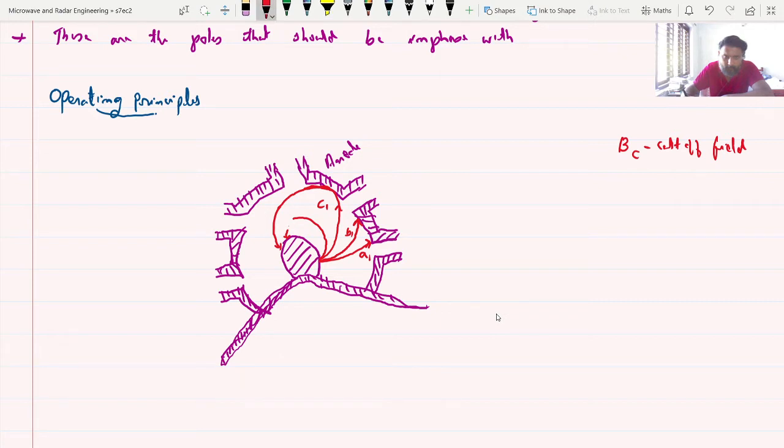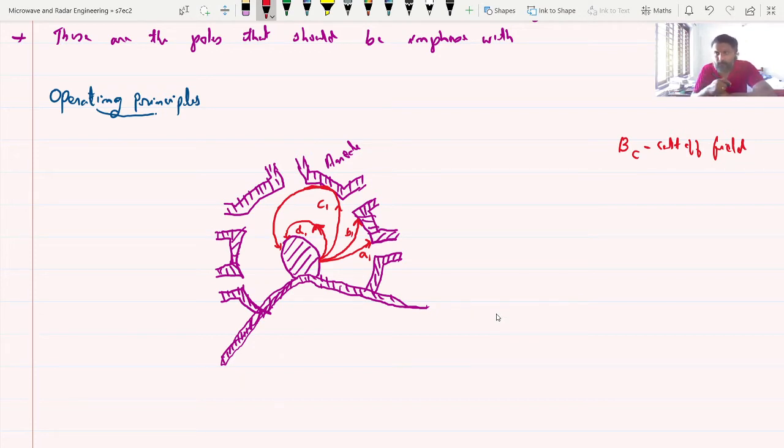I will call this D1. Now it is clear, but it is better to write it inside the bracket. Call this D1.